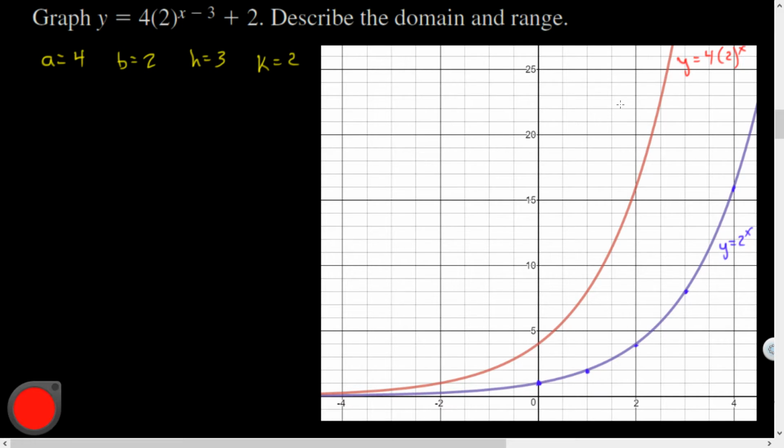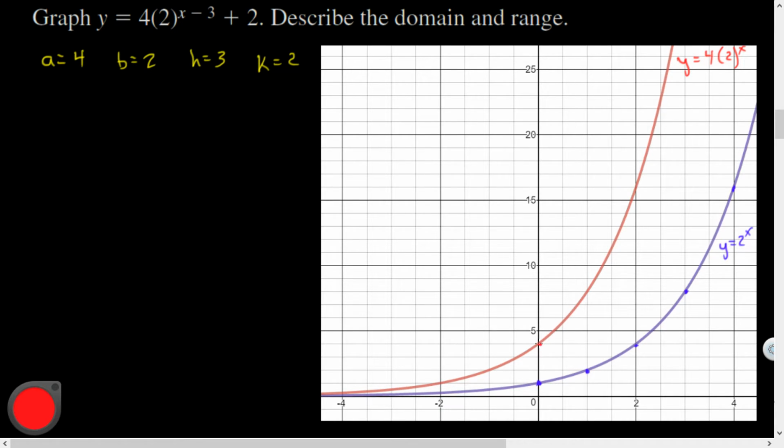But now I've got to figure out, what do these translations do to us? Okay. And since h was 3, this is going to be a horizontal shift. Now h was the opposite of this number. So this is going to shift this graph. Actually, let me pick some of those points first.